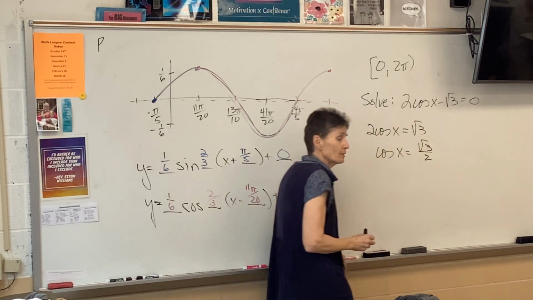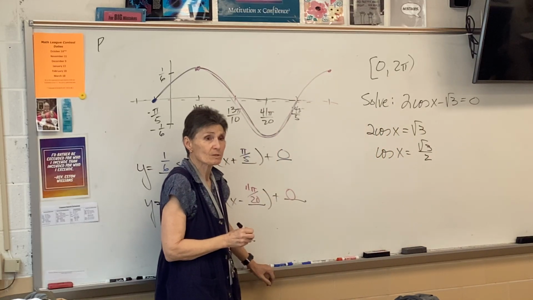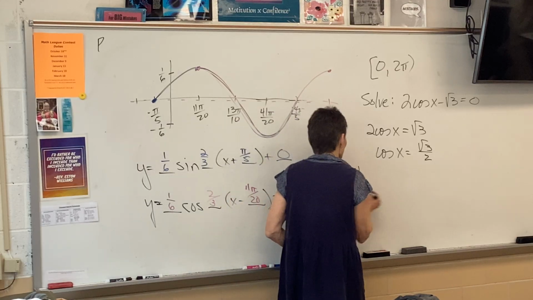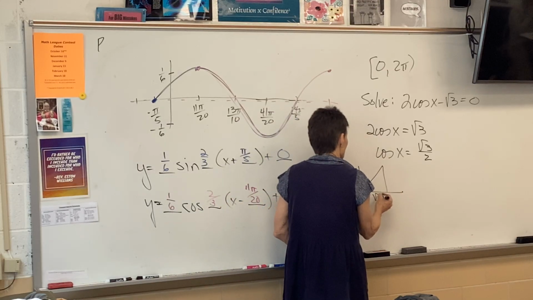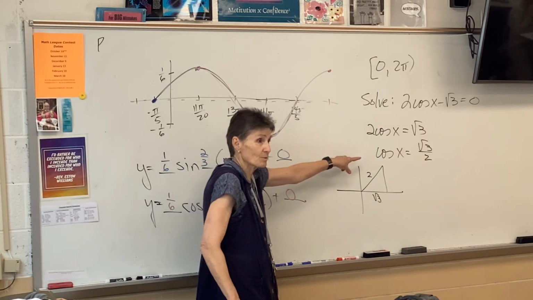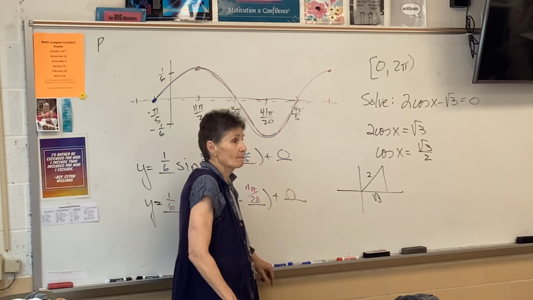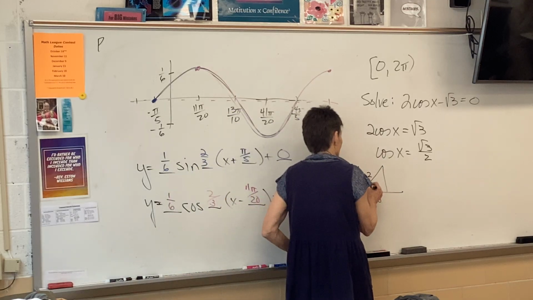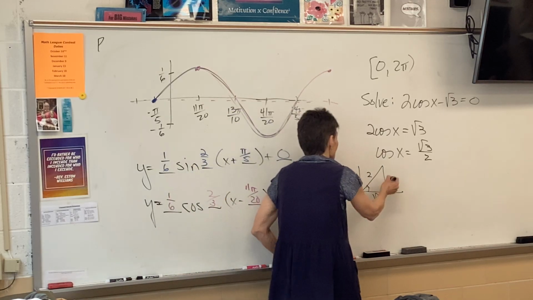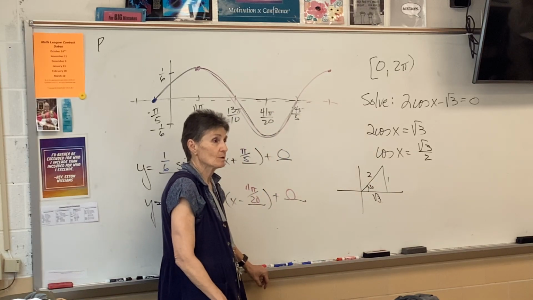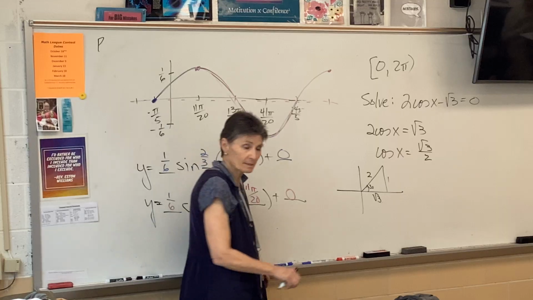This is a no calculator problem, and it tells me that I have an angle adjacent over hypotenuse is root 3 over 2. That's what that says, right? So how big's the angle? It's not 60. The angle is 30. And 30 is pi over 6.